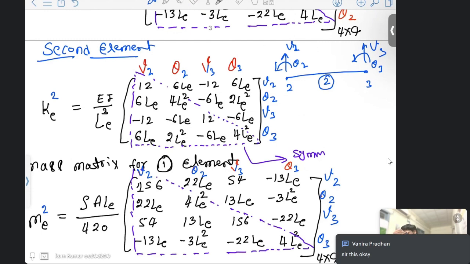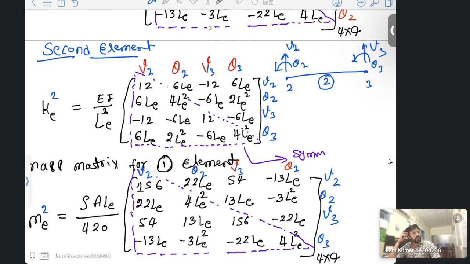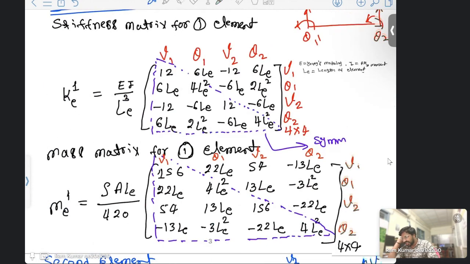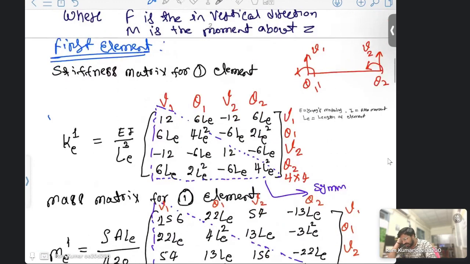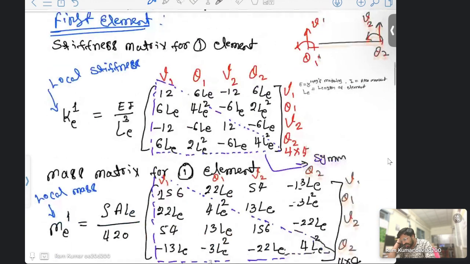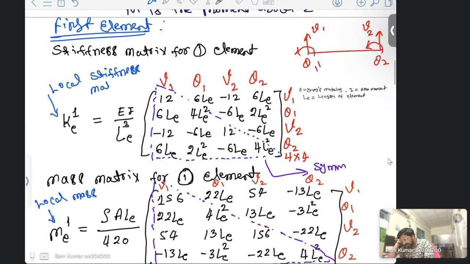Okay, so now after calculating the stiffness matrix for each element, we have to find the global stiffness matrix. As of now, we have two stiffness matrices. These are called local stiffness, and these are the local mass matrices.